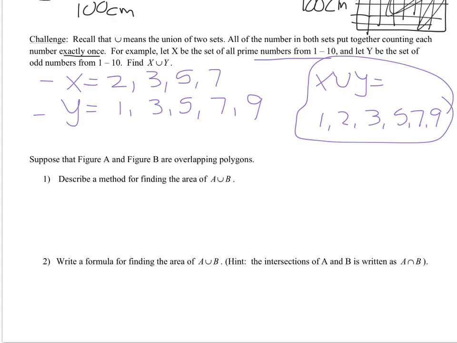Now suppose figure A and figure B are overlapping polygons. So say figure A looked like this, and figure B something like this, and they're overlapping. Describe a method for finding A union B. So we could find the area of A, and we could find the area of B, and add them together, but we would end up having to subtract out the area where they're overlapping.